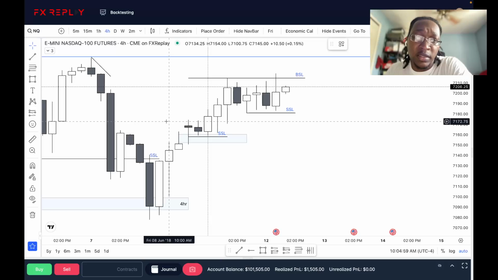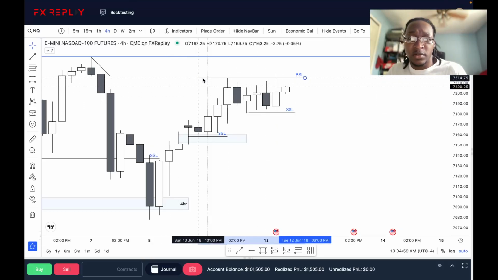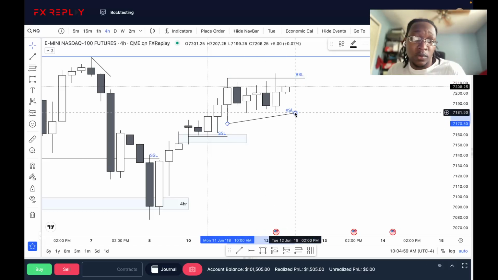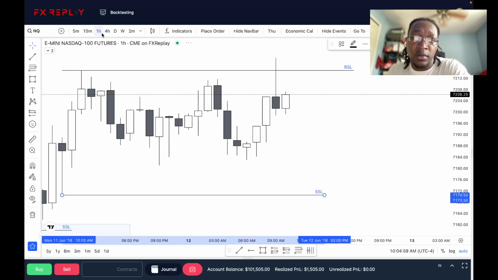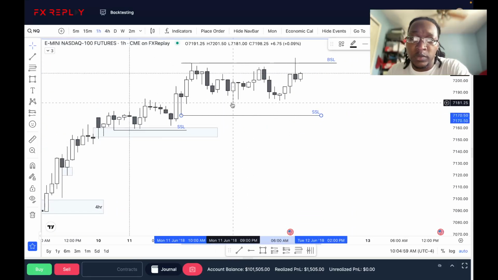Looking at this 4 hour as well, we ran out the buy side here. It will only make sense if we run out sell side here. Looking at the 1 hour, where are we? Yeah, we have sell side. We ran out buy side, failing.